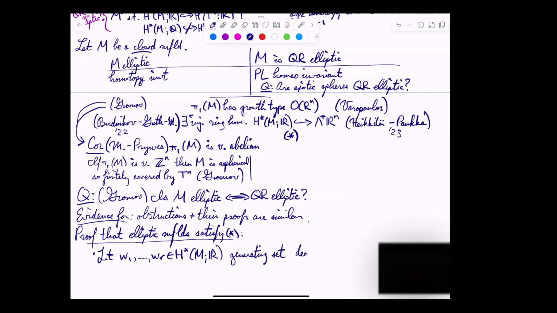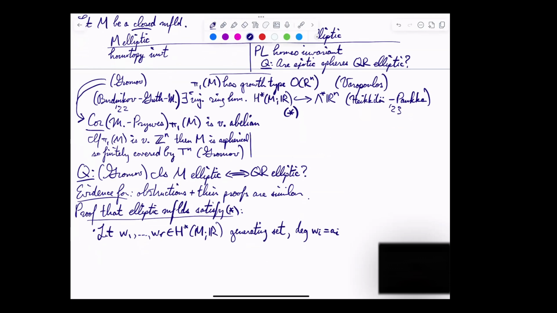I'm going to write a_i for the degree of w_i, and I'm going to take representatives omega_i of the w_i. So this is an a_i-form.